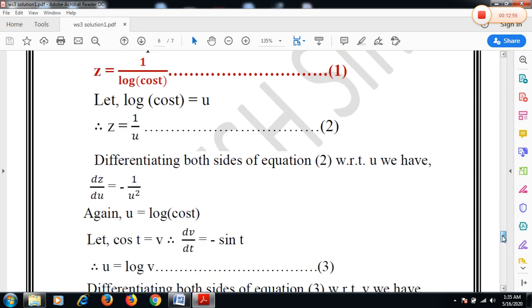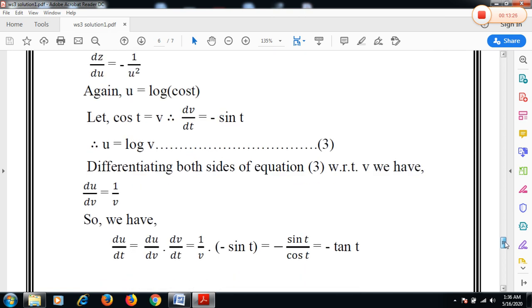So we are having cos t equals to v, we have assumed cos t as v, which gives us dv/dt equals to minus sin t. Okay students, so putting this v equals to cos t in u equals to log cos t, we are having u equals to log v, and we have numbered it as equation 3.